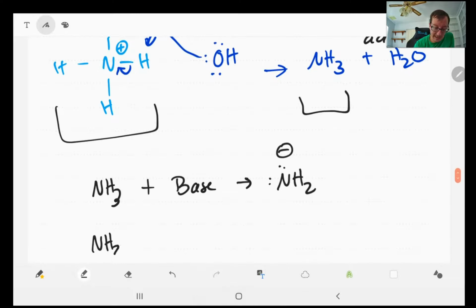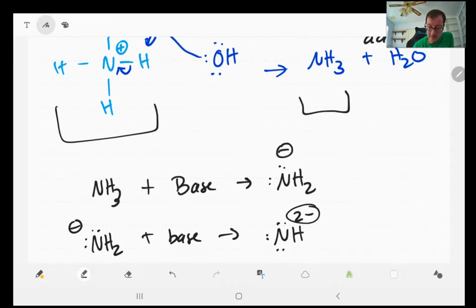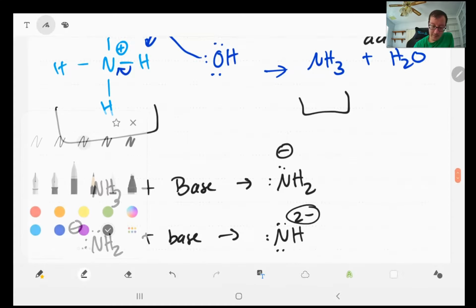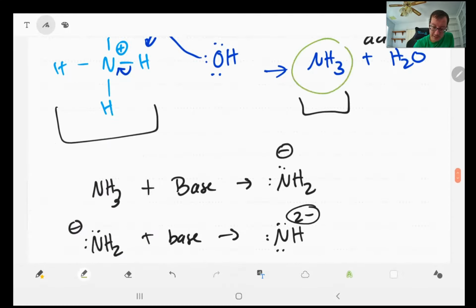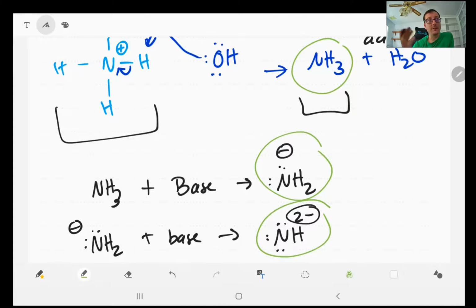And if we take the last case and we somehow do this, and we're comparing just these 3 things, which is the most stable? Well, just regular ammonia, right? Neutral. The second most stable would be the single minus charge, and the worst one of all would be the 2 minus charge, right?